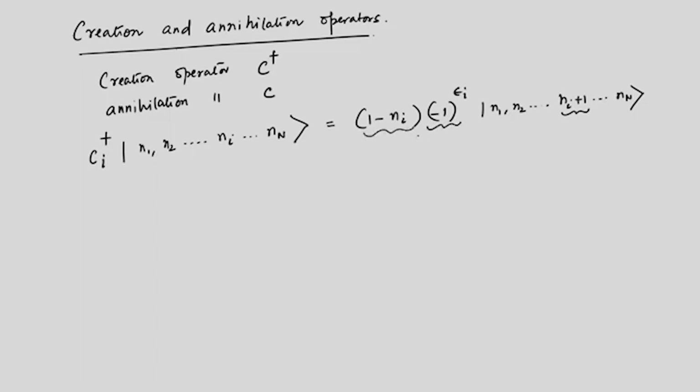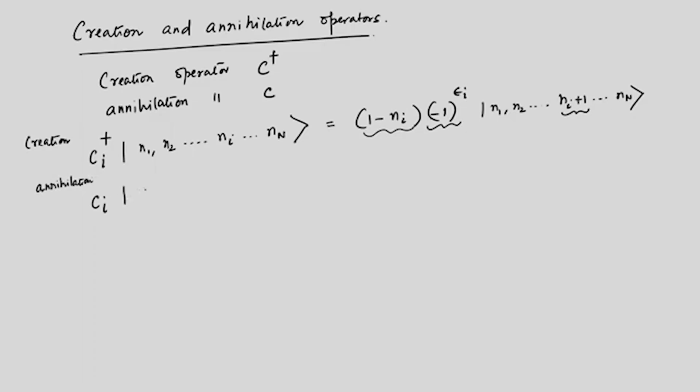and in the process it picks up this factor and this factor. We will just tell you in a moment what these factors are, and you have a C_i dagger for the creation and this is for the annihilation.